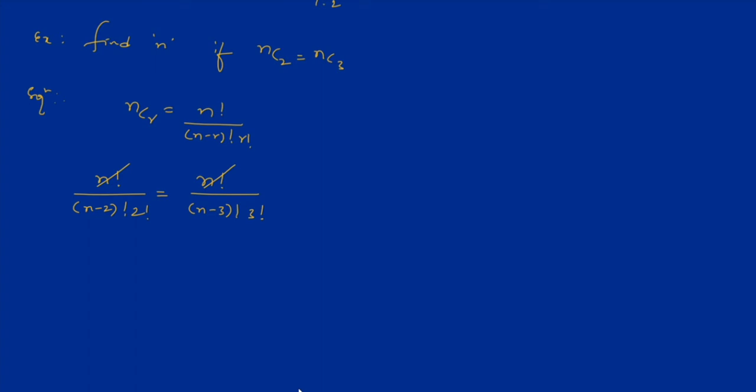So similarly what we can do here, 1 upon (n minus 2) factorial into 2 factorial, again 1 upon (n minus 3) factorial into 3 factorial.